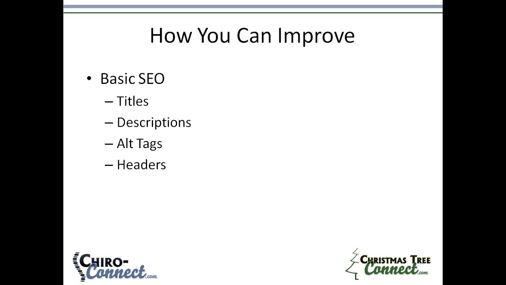The second way that we can improve your website is through basic SEO. Basic SEO is completing titles, like I mentioned before, page titles, which is something we do in our website checklist; completing descriptions, which is also part of what Google captures and displays on its search results; and alt tags, which are basically descriptions of your images to tell Google this is a picture of a cat, because otherwise Google can't read images.